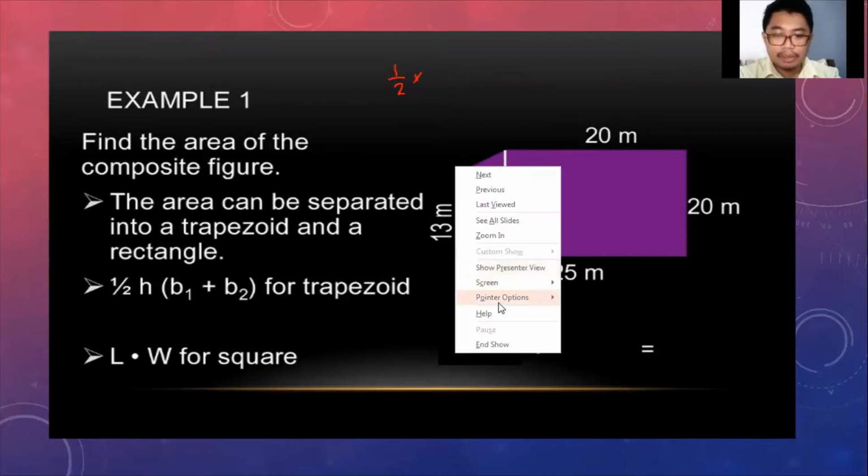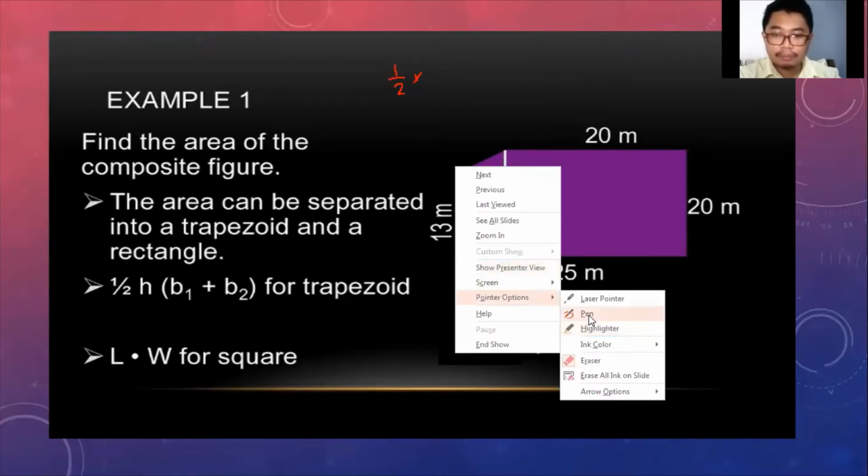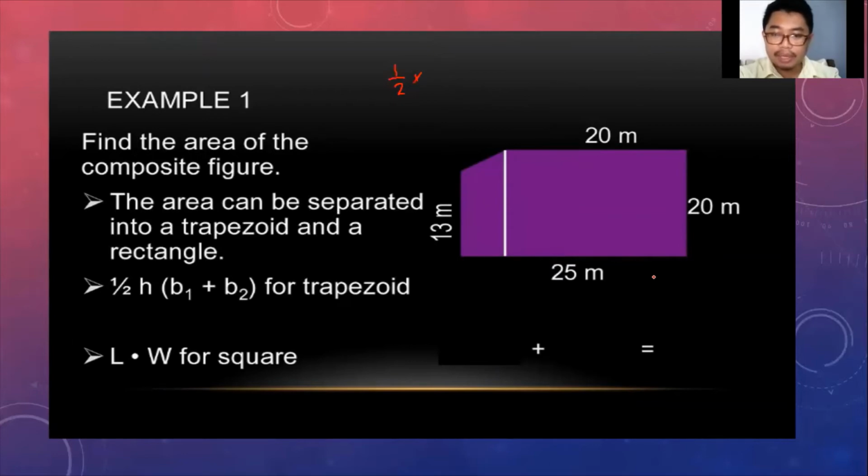The whole line here is 25, and this one is 20, so it means 25 minus 20, the height for this one is 5 meters. And this base is 20 meters.